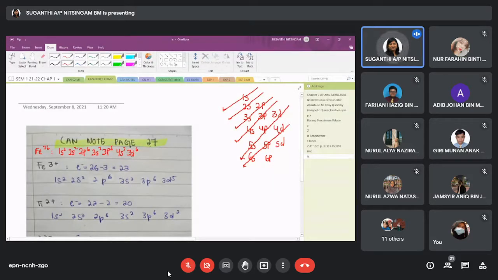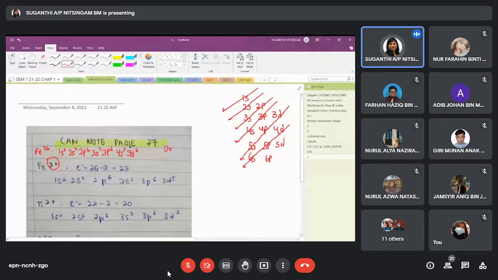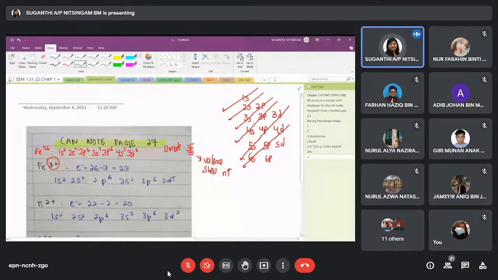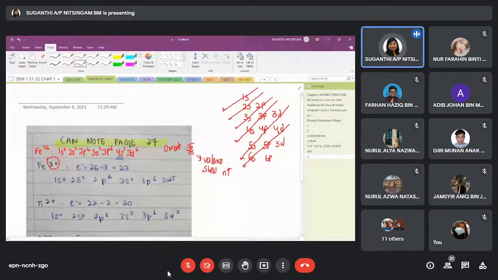Okay, so what happens here is when it donates electrons, this 3+ means it donates 3 electrons. And the donated electrons usually come from the valence shell. What does valence shell mean? It is the highest n. Here the highest n is 4s, so it will lose the 4s and take one from 3d to become 3d5.